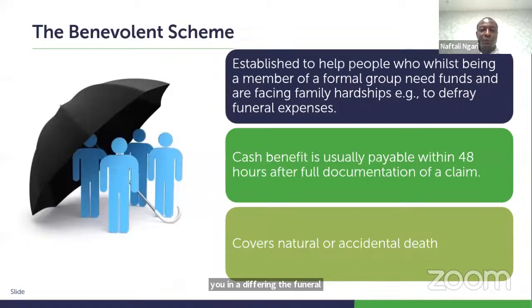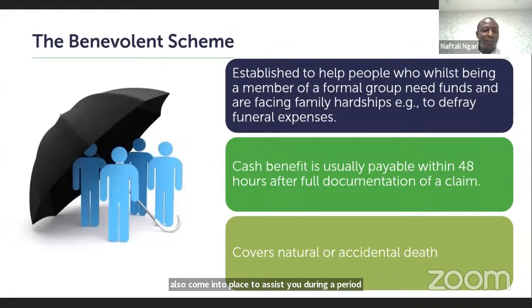Also, it would come into place to assist you during a period in which you're tight on cash or things are not very good on your end. So a benevolent scheme is good. They have helped to remove the need for creating WhatsApp groups that would ordinarily be what people used to do in the past in the event of bereavement.